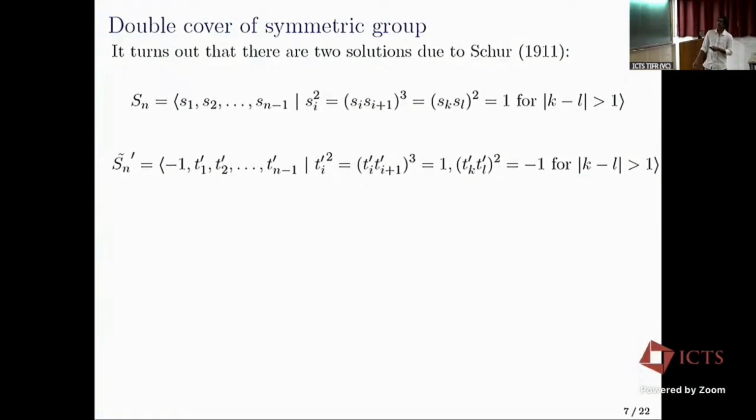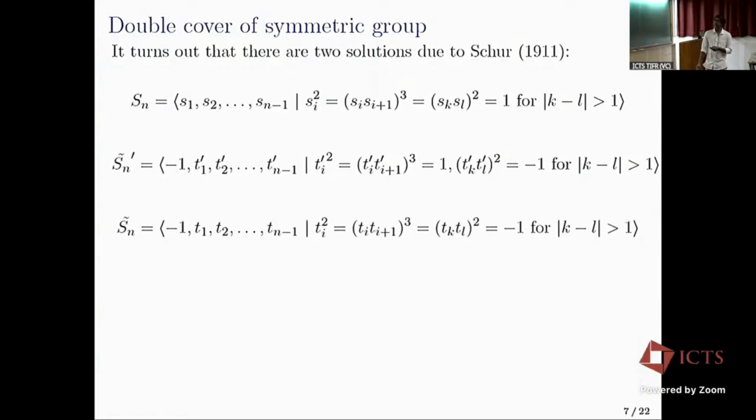And now the refinement is that disjoint transpositions will anti-commute, meaning t_k' times t_l' is minus t_l' times t_k'. And there is one more group which satisfies this, where again we have the same set of generators, our 2-cycles have order 4, our 3-cycles have order 6, and again disjoint transpositions anti-commute.